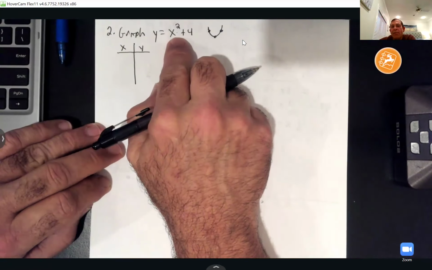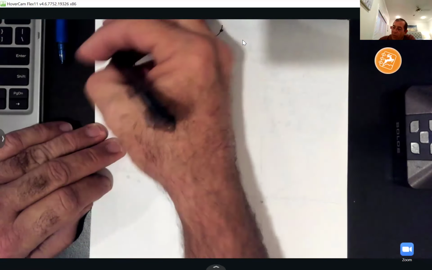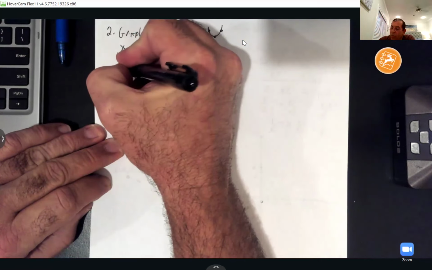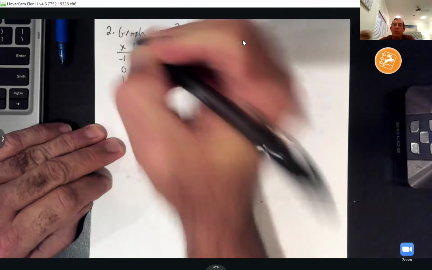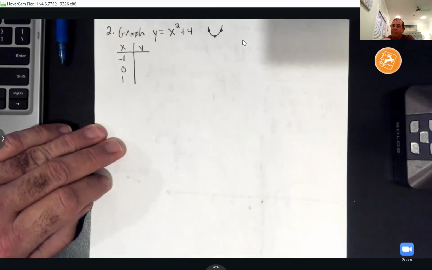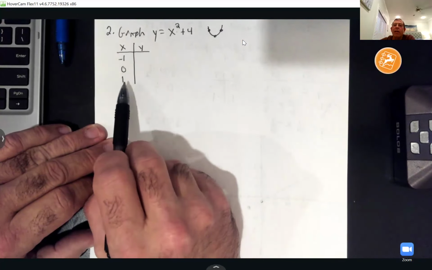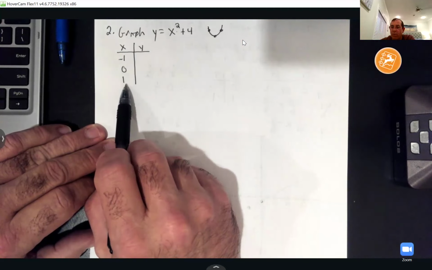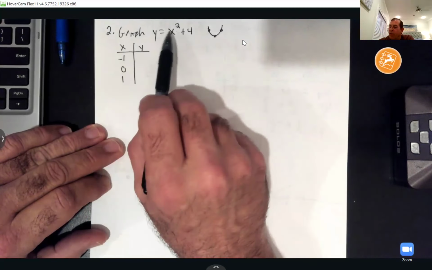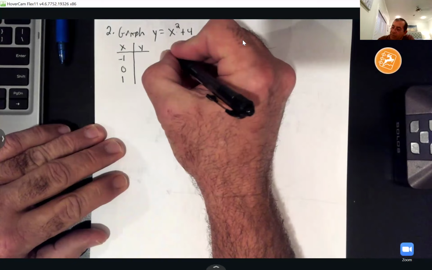Now, every time I've ever done the x squared graphs, the 3 x's I use are -1, 0, and 1. And we should get the same answer for the -1 as we do with the +1, okay? So you put a -1 in first.